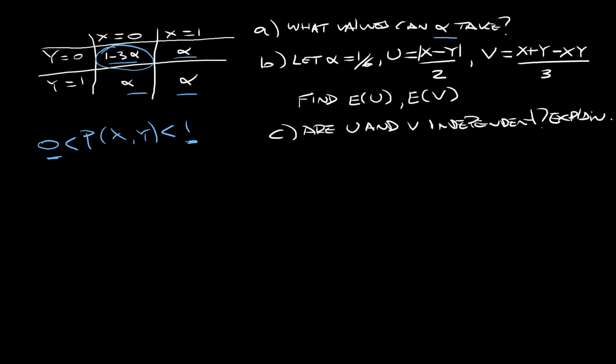You take this one and set it equal to 0. So 1 minus 3 alpha equals 0, you take this one to this side, 1 equals 3 alpha, then you divide, so you're left with alpha equal to 1/3.